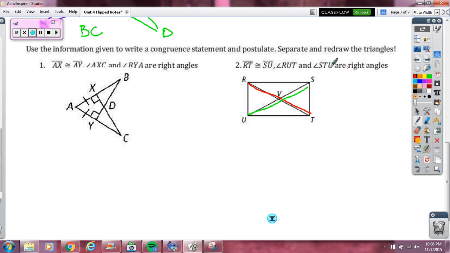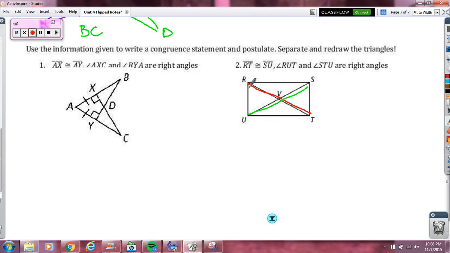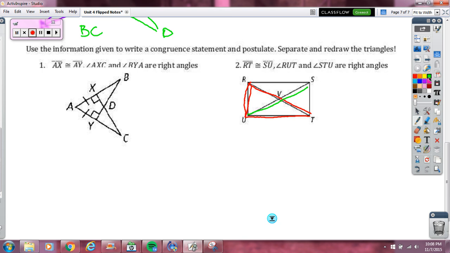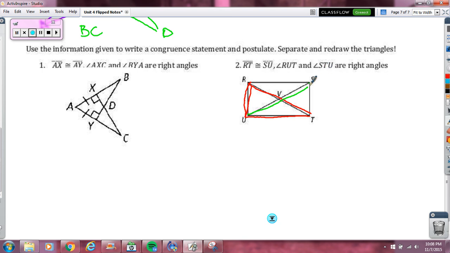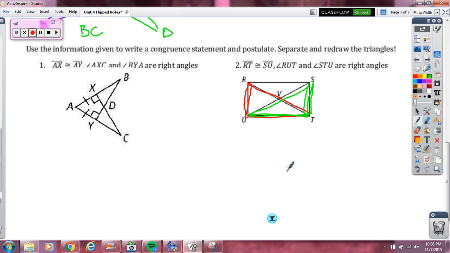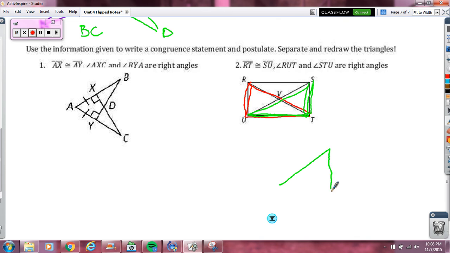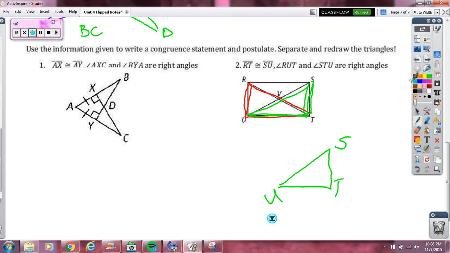And then the directions also tell me to look at RUT and angle STU. By outlining the stuff they're giving me in the given, I can see my two triangles are going to be this green one, STU, and the red one, which is RUT.